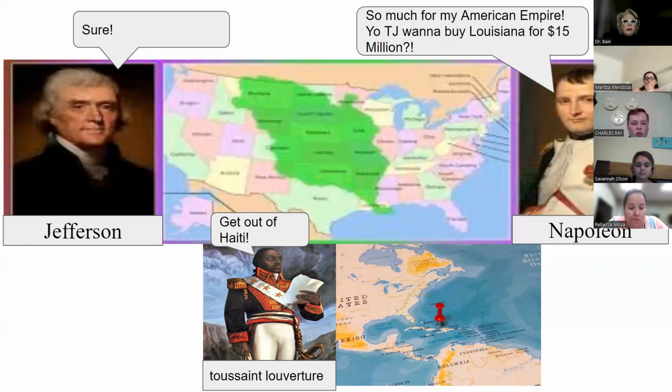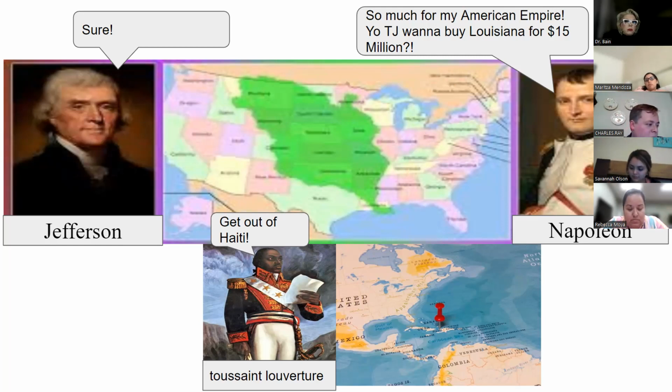Then we get Jefferson. The reason why he'll be important is 243 wants you to know about the Louisiana Purchase, of course. So Jefferson originally just wanted to buy New Orleans. He wanted to buy the right to trade out of the port of New Orleans. So he approaches Napoleon, who had literally just lost Haiti to Toussaint Louverture, and actually the first truly successful slave revolt in world history.